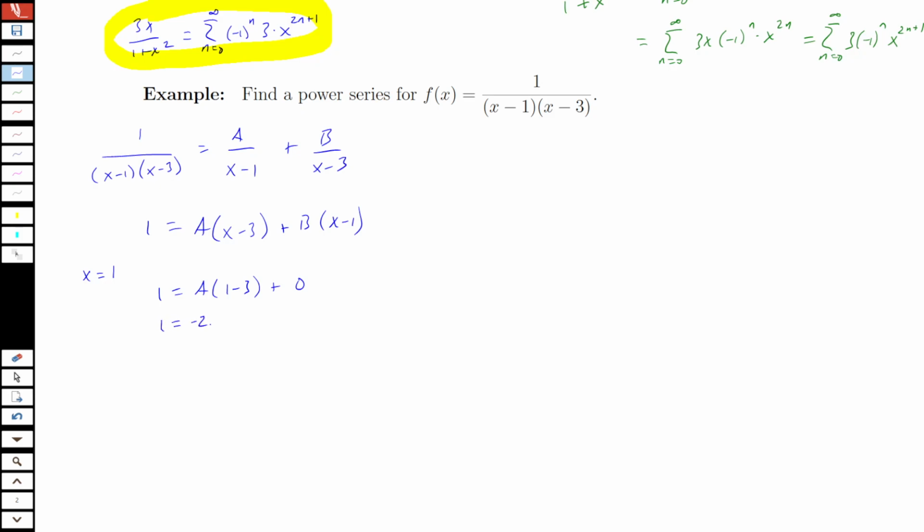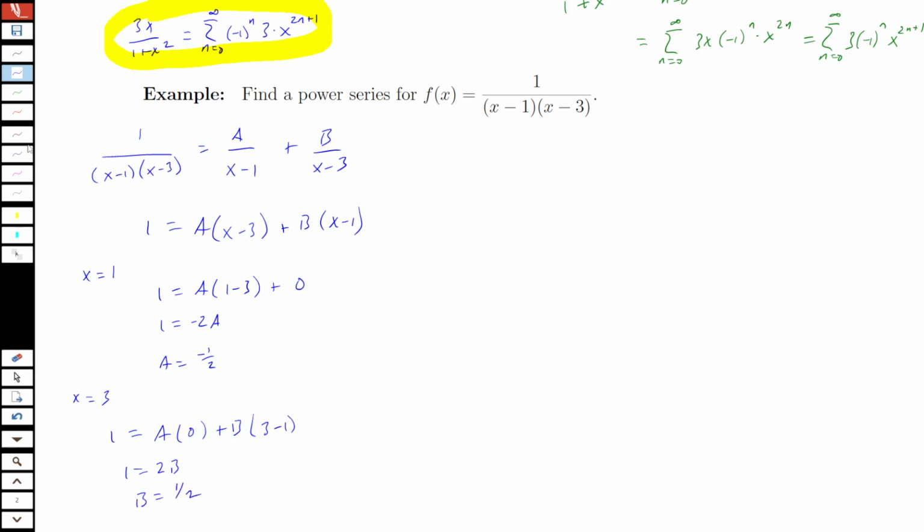So 1 is negative 2a, so a is negative 1/2. When x is equal to 3, I'll have 1 equals a times 0 plus b times 3 minus 1. So 1 equals 2b, so b is a positive 1/2.